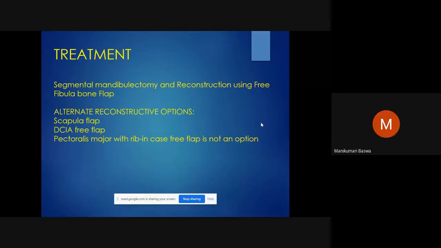So the most common one would be a pec major with rib, sir. Fifth rib. Then the second option is pec major with sternum, with the pec major itself.